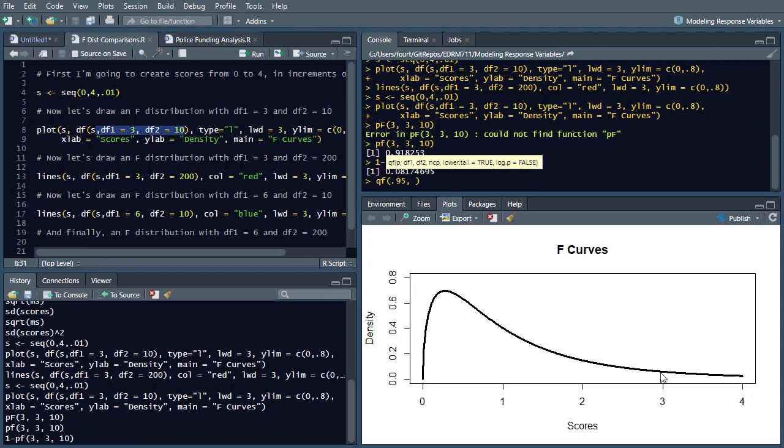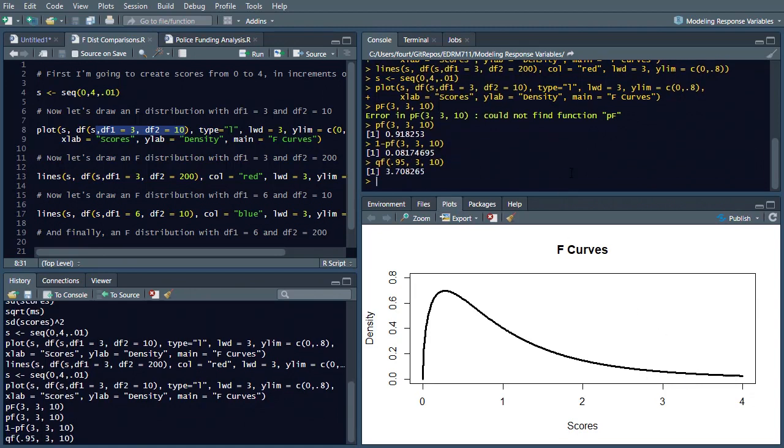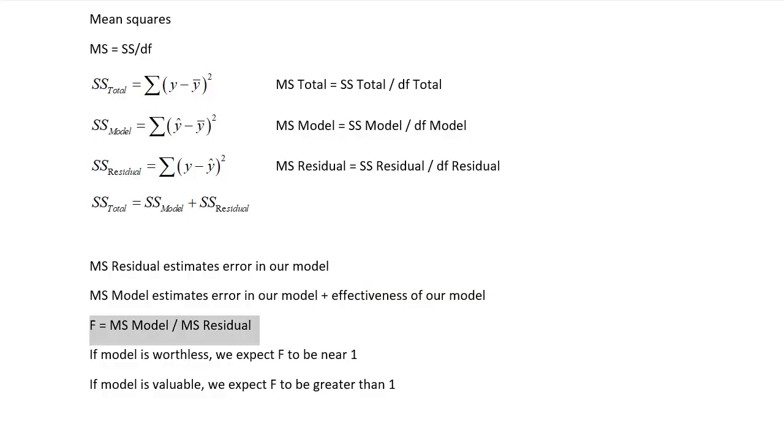So from 0 up to whatever value it is, we want to have 95% of the area. It's 3.71, so right about here. So if we get an F that exceeds 3.71, it's still possible if the model's worthless, but what we're probably going to say is, because that F is going to get big when the model becomes more valuable, that we don't think we just had this weird thing happen to us.